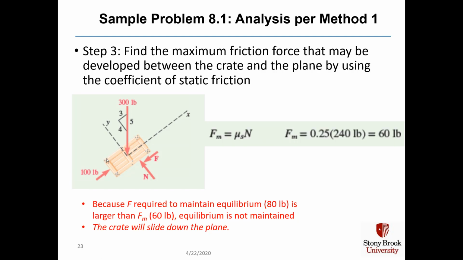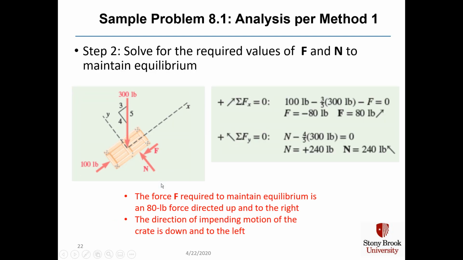In step 3, we find the friction force that may be developed between the crate and our plane, and here's our plane, by using the coefficient of static friction. And we find that the maximum friction force that can be developed is mu sub s times the normal force, where we had calculated the normal force in the prior slide as equal to 4/5, meaning in the y direction, 4/5 of 300 pounds.